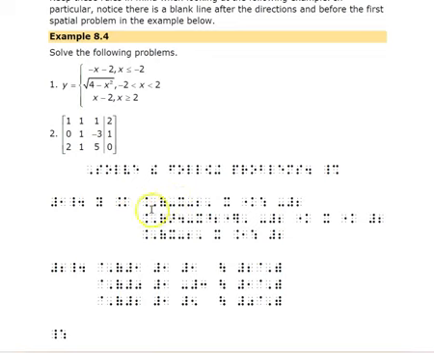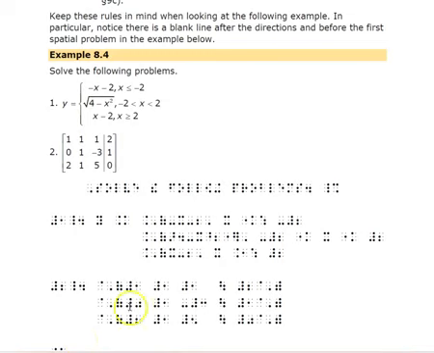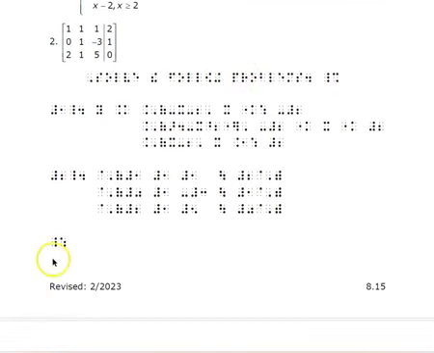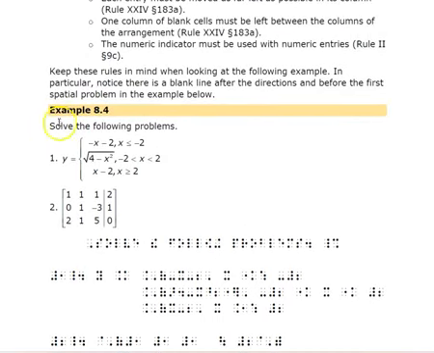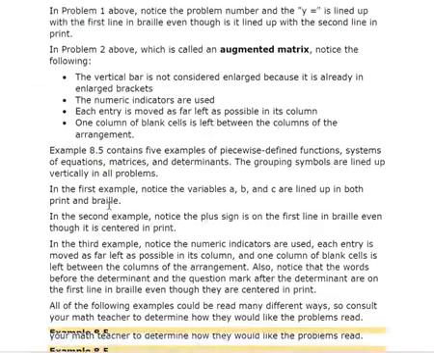I want to make sure that the left brace in number 1 is lined up. So they should hopefully line up for you. Also notice that they did a heading. They did solve the following problems and then open the nemeth. And when they were done, they did a line and closed the nemeth. Be sure you're doing those directions as well and doing the opening and closing nemeth.